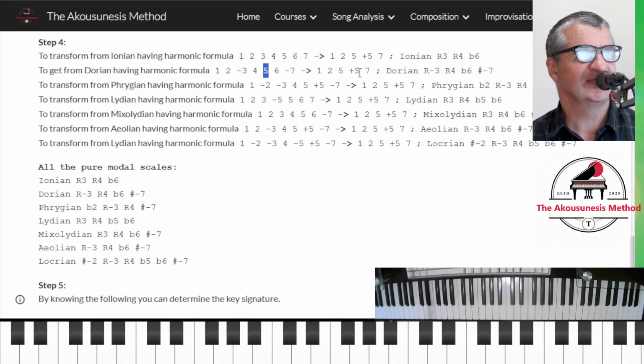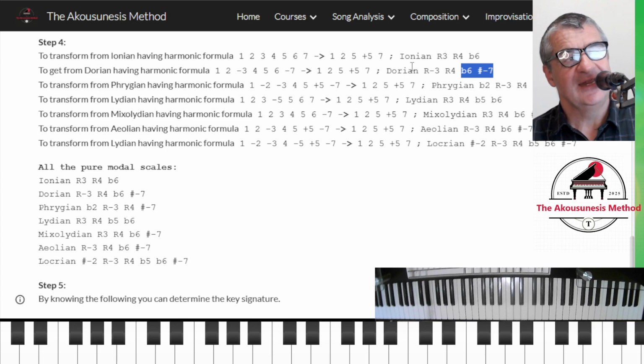There's a 5 and a plus 5, so we do nothing. There's a 6. We want to get to plus 5. If we flatten the 6, we get to plus 5. We've got a minus 7 and a 7. If we sharpen the minus 7, we get to 7. That's where they are.